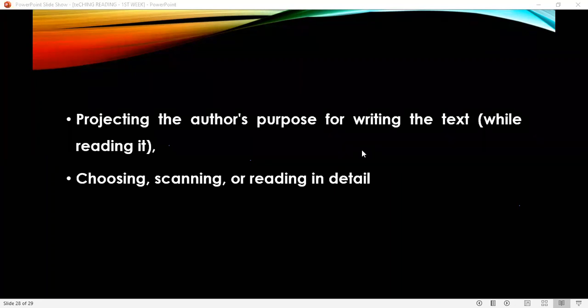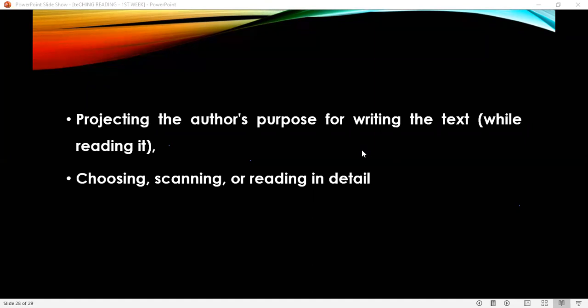But as reading in detail, for example, you say, what is the purpose of the writer? So you have to read the whole text to identify what is the purpose of the writer. So notice here the differences. Scanning is just a quick reading to get a general idea of the text.